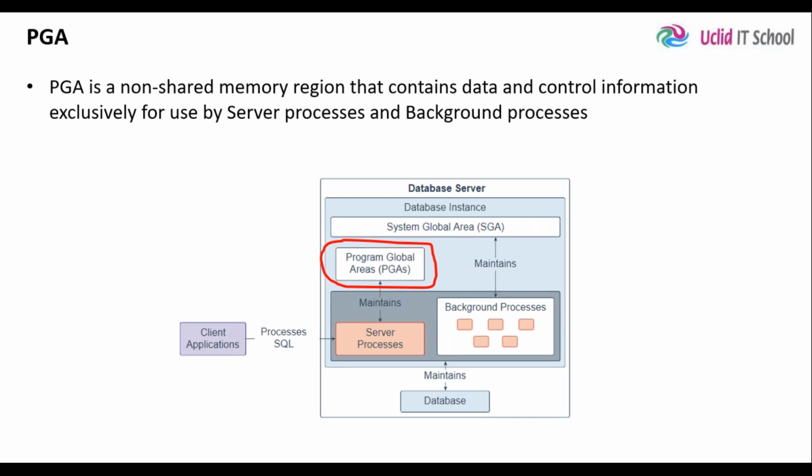A server process can use PGA memory and the background processes can use PGA memory. And the information stored in that PGA memory is accessible only to that server process or only to that background process. That's why it is private memory.